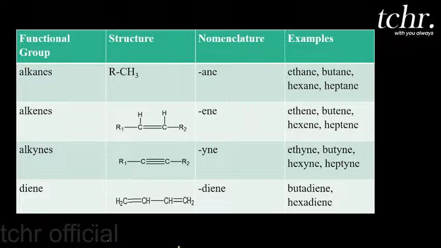Periodic table related chapters like D and F block, P block and coordination compounds come under inorganic chemistry. And the main part of chemistry that starts from haloalkanes and haloarenes, alcohols, phenols, ethers, aldehydes, ketones, carboxylic acid, and it goes on like that, these chapters come under organic chemistry.